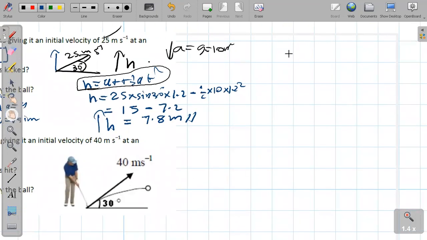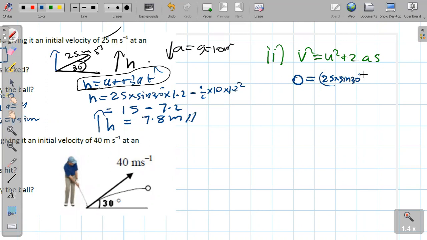What can I do for part 2? v square equals u square plus 2as is the equation I can apply. So final velocity is going to be 0. Initial velocity is going to be 25 sine 30, squared, minus 2 times 10 times h.